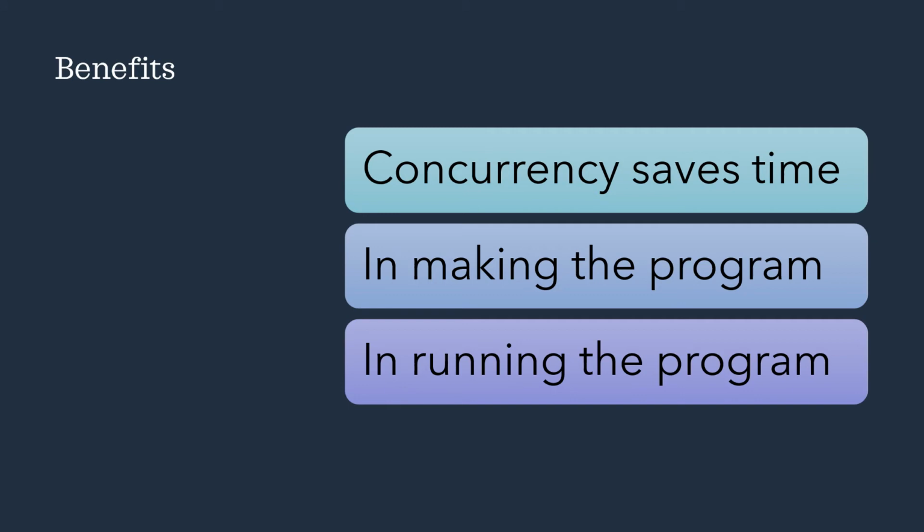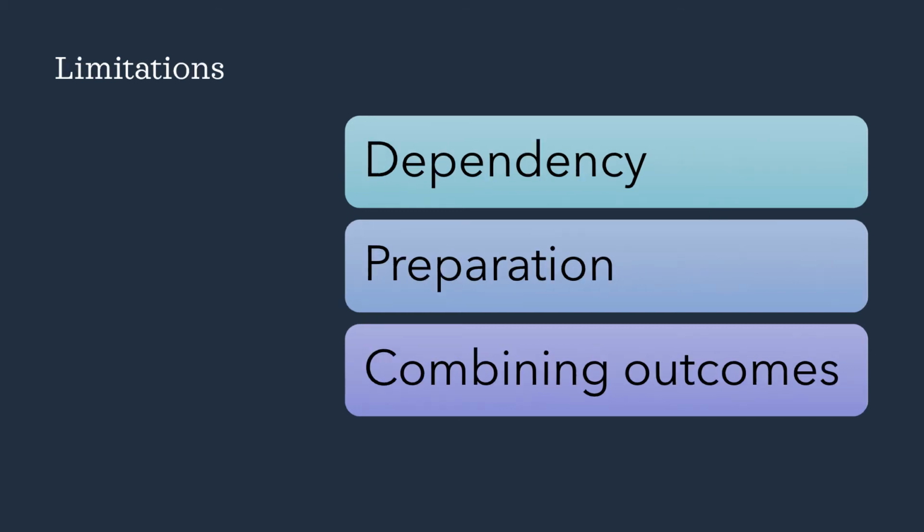So in all of these examples that I've been talking about, the reason to do concurrency is to make something happen quicker, when we're writing the program, working as programmers, or when we're running the program inside the core of the computer. The main limitation on the use of concurrency is dependency.